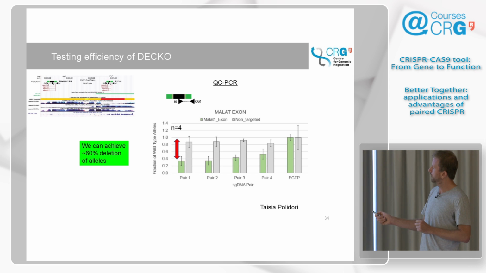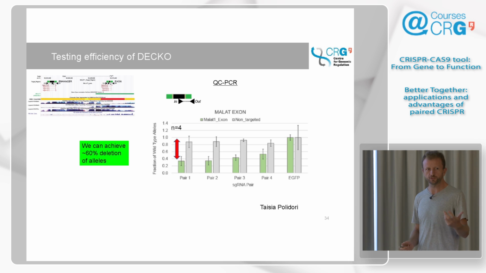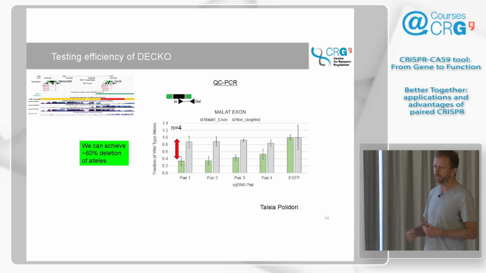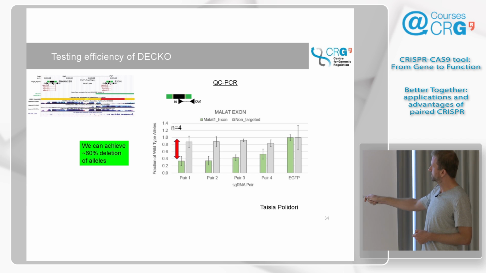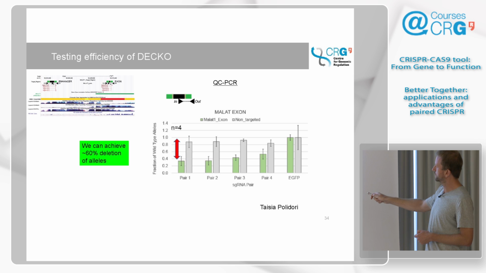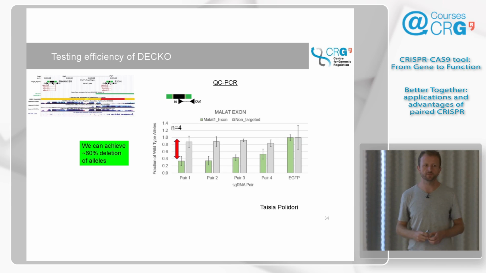And again, as before, this is a control. The green shows the prediction from the QCPCR. The gray is again an unrelated primer set that's a control. And you can see that for these 3 different pairs, this pair is not so effective. For these 3 pairs, you get this reduction of about 50 or 60%.